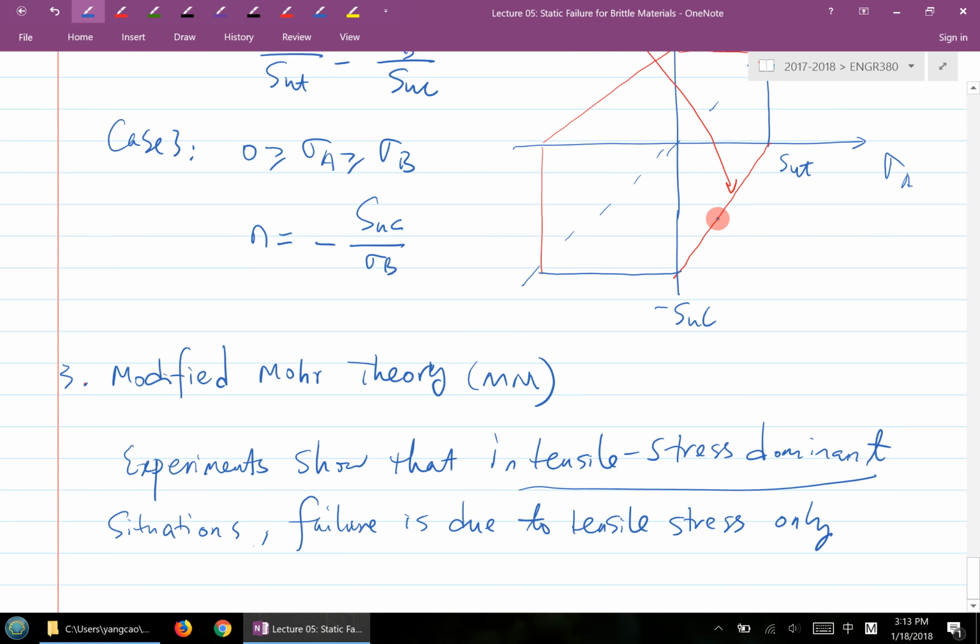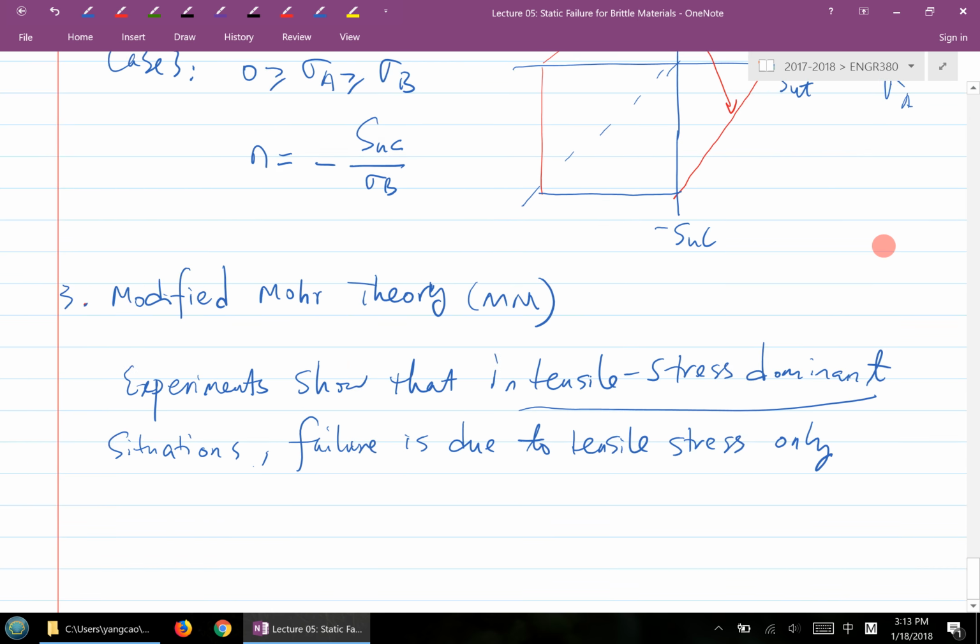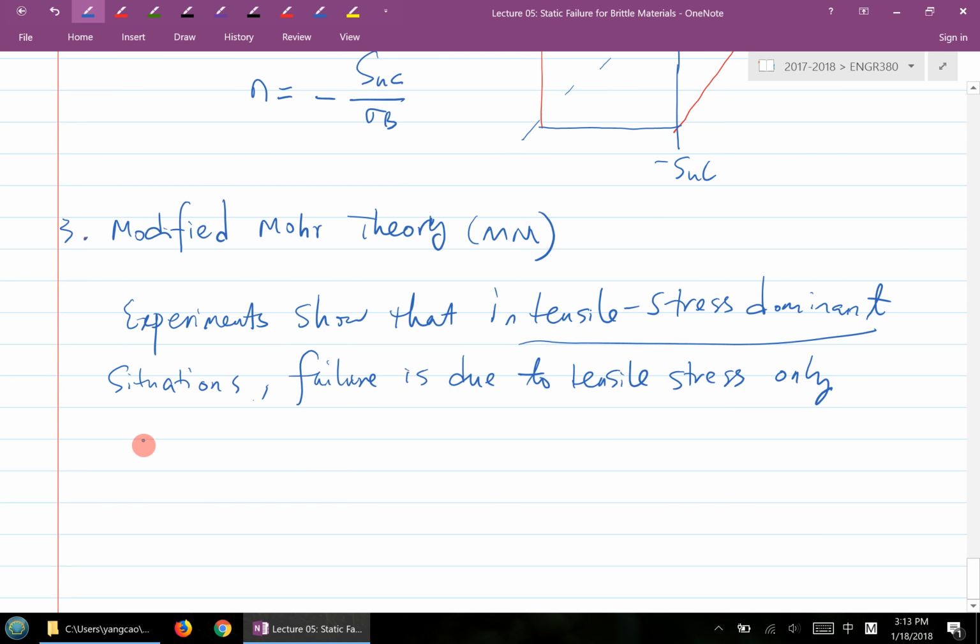If you look at the fourth quadrant here, when you have tensile stress dominant, that means your sigma A is greater than 0 and greater than sigma B, and also the absolute value of sigma A is greater than the absolute value of sigma B. Yeah, that's basically what tensile stress dominant means.